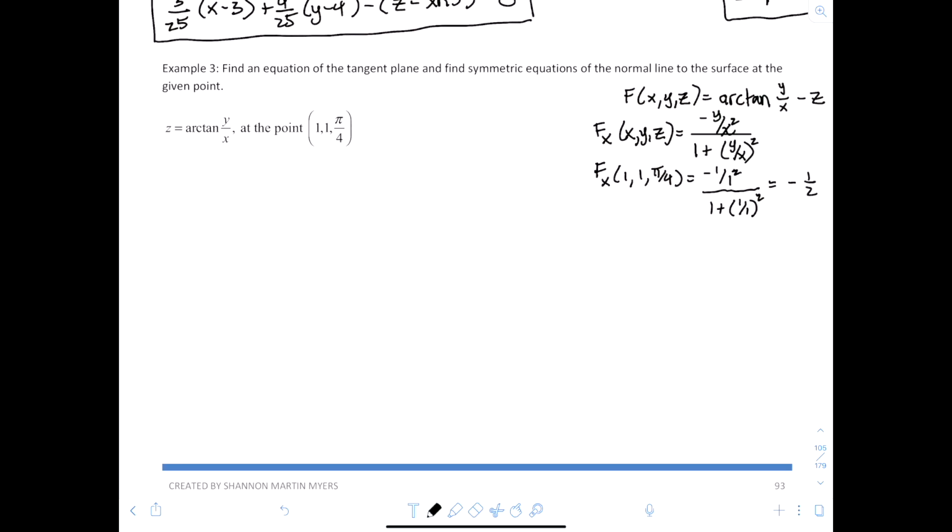Okay, so the first partial of f with respect to y will be just slightly different. This time in the numerator we will just have 1 over x, and our denominator will be the same.